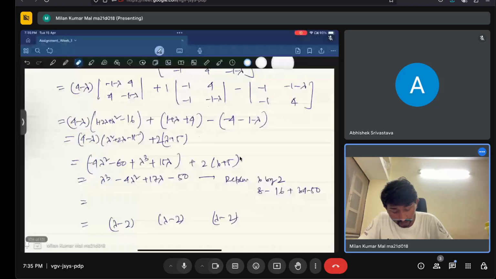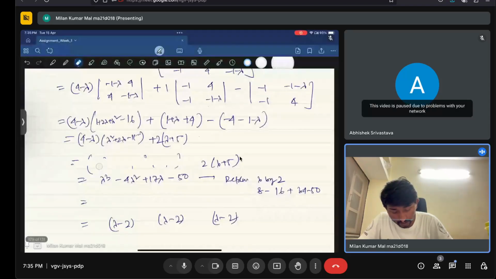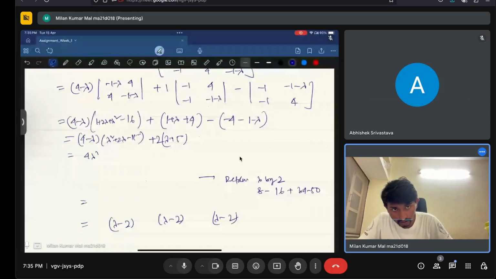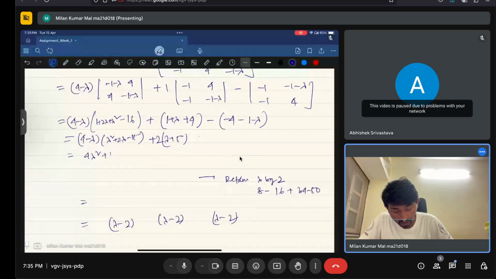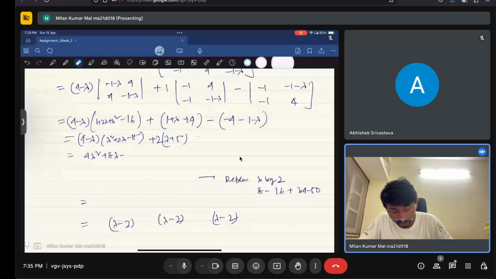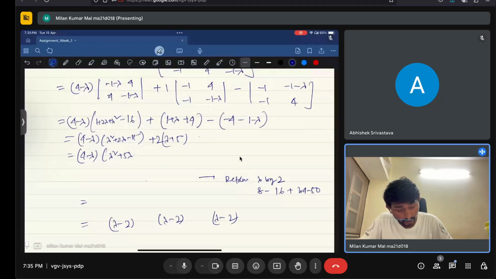This will be 4 lambda squared plus 8 lambda minus... Okay, so I can break it here. 4 minus lambda, I can write it as lambda squared plus 5 lambda minus 3 lambda minus 15 plus 2 into lambda plus 5. So I don't need to go that way.